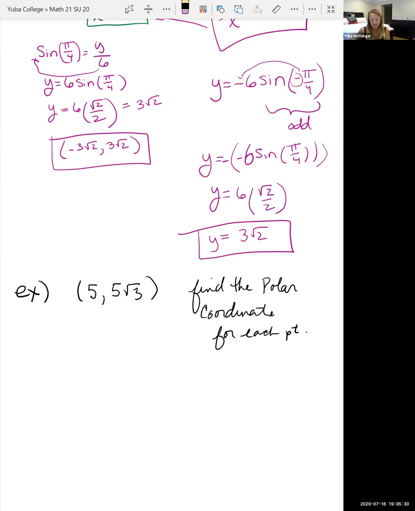Okay, so I think the best thing to do is you need to graph it. That way you know which quadrant you're falling in. And so if we go over 5, and then we go up 5√3.